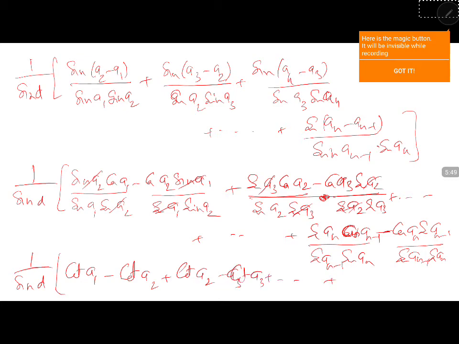It goes on like this up to cot A(N minus 1) minus cot AN. Here, the second term cot A2 and the third term get cancelled. The fourth cancels with the next term. This cancels with the previous term. So what finally remains is 1 by sin D multiplied by cot A1 minus cot AN.